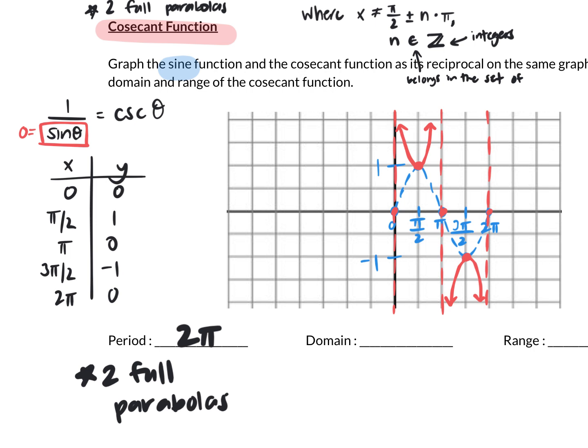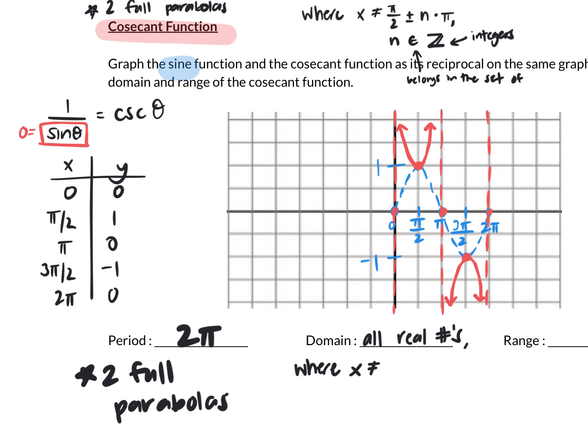This is going to be, again, all real numbers where x cannot equal, technically it started at 0, but then every length of pi, we're adding another vertical asymptote.